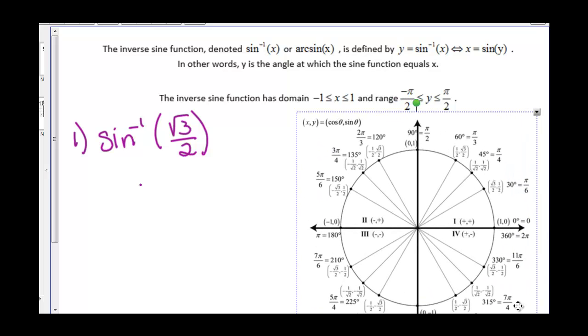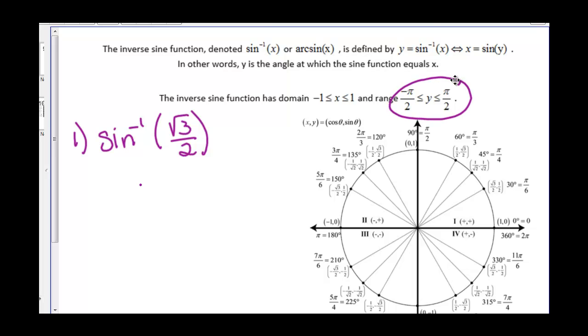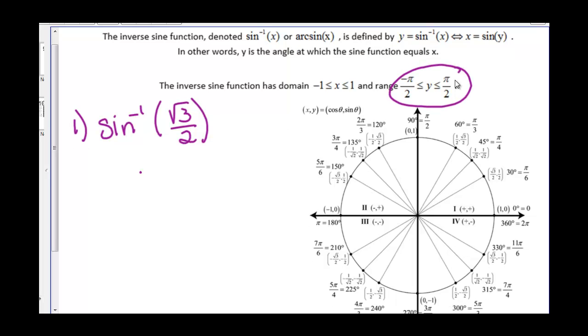We need to find where sine is square root of 3 over 2 between negative pi over 2 and pi over 2. So that's this half of the unit circle, and we find square root of 3 over 2 at pi over 3.